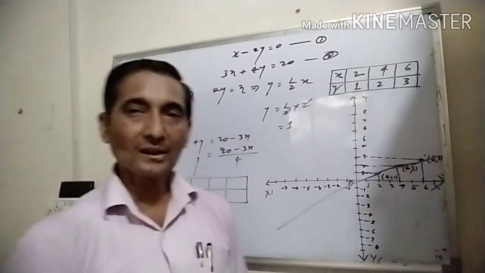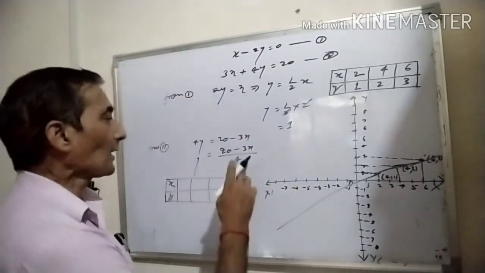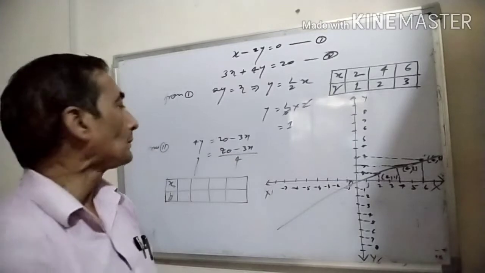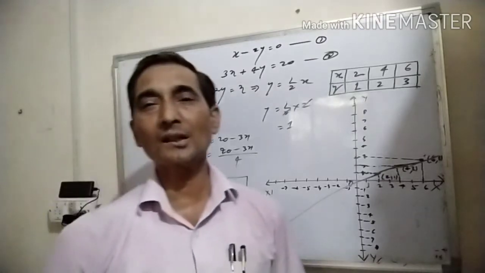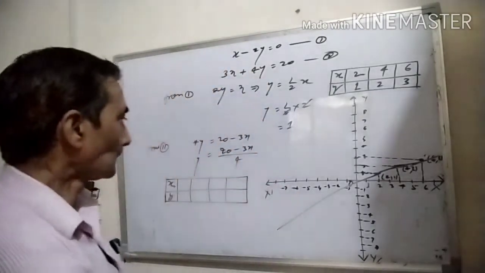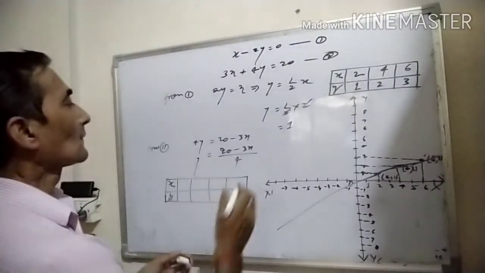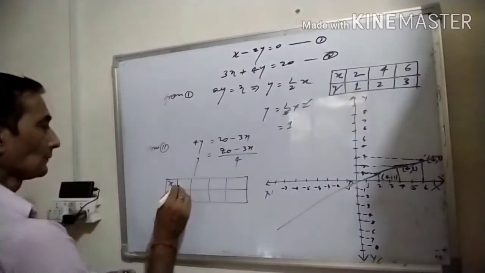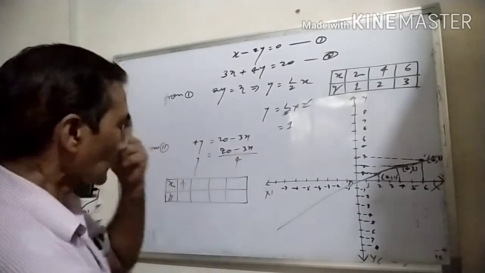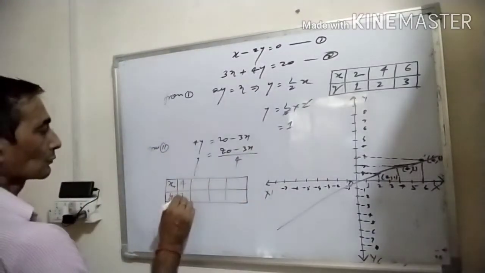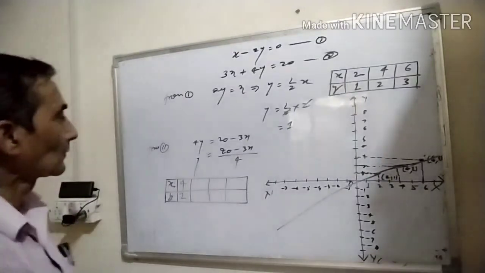Taking values of x so that the calculation gives an integer: if we take x equal to 2, then 3 times 2 is 6, 20 minus 6 is 14, and 14 is not divisible by 4. So taking x equal to 4, 4 times 3 are 12, 20 minus 12 equals 8, divided by 4 is 2. That is one point.